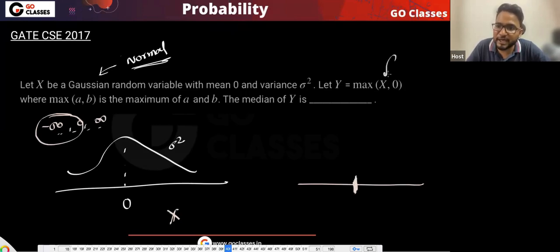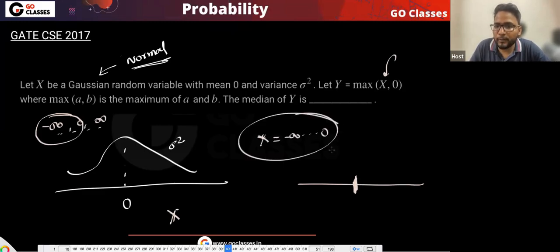Because if X is negative, Y is not negative. You're getting my point? If X is negative, X could be anything from minus infinity to 0, and for all of these values Y is just 0. And if X is positive, which means greater than 0, from 0 to infinity, then Y is just X. So the PDF will look like this.